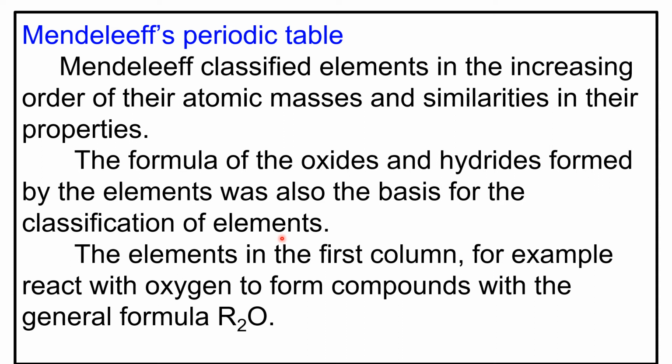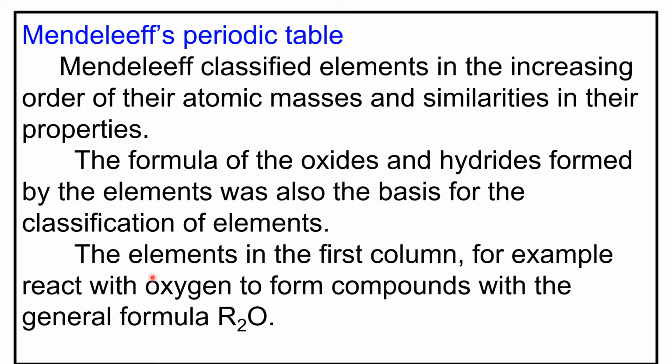The formula of oxide, like if I say magnesium oxide MgO, sodium oxide Na2O, then magnesium hydride MgH2, calcium hydride CaH2. So here the formula of them has also been taken as a basis for the classification of elements.